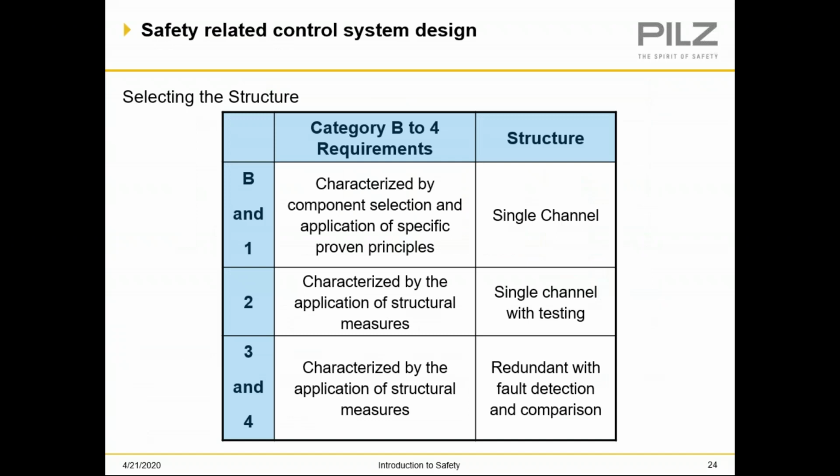This chart just describes what I spoke about earlier: depending on your category will determine what your control components in your safety network have to be to comply. And we'll go into that a little further.